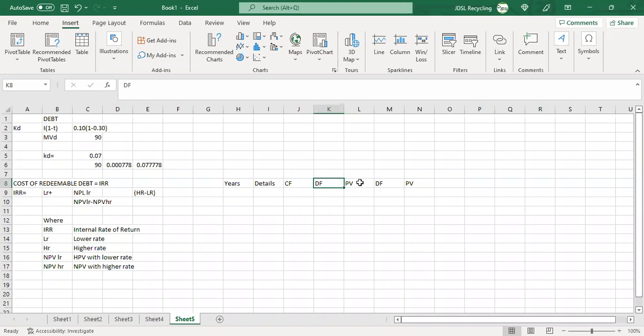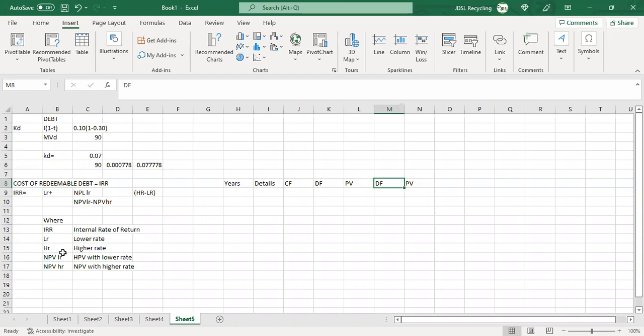So this LR will represent the lower rate out of the two discount factors that we are going to use. HR will represent the higher rate among the two discount factors that we are going to assume, because it is an assumption.